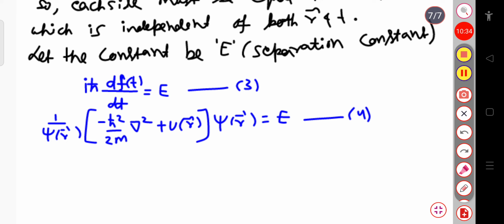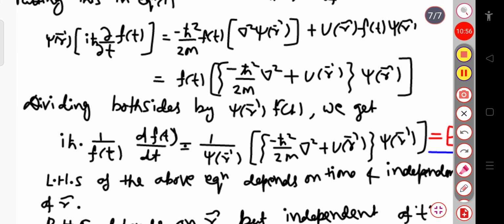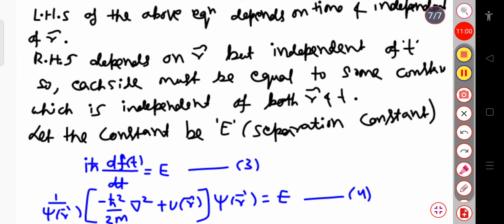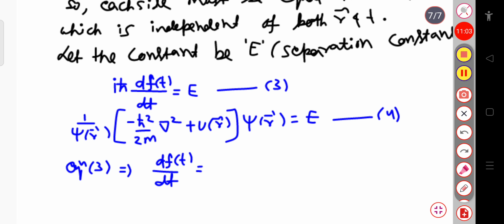Now from this equation 3, this also can be written as df(t)/dt equal to, if I divide this iħ term on the right hand side, so we can write, this is your 1 by f(t) term is also present here. Let me show you, here is the 1 by f(t) term.